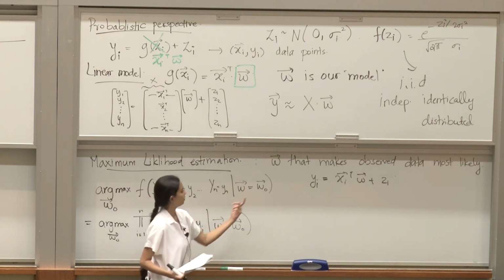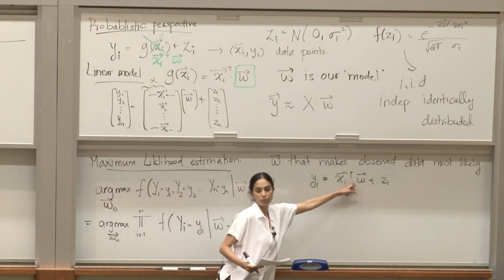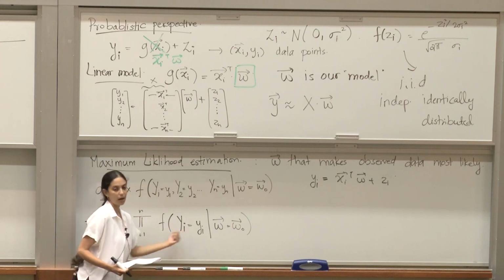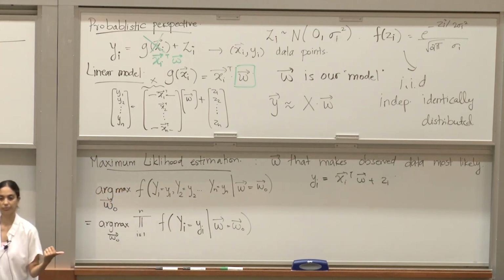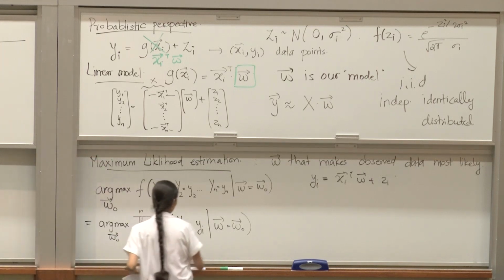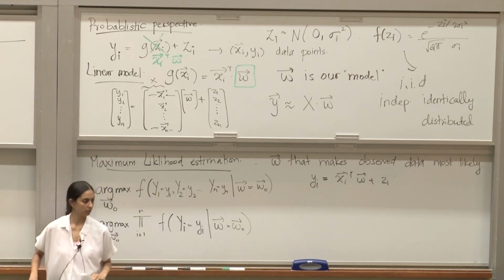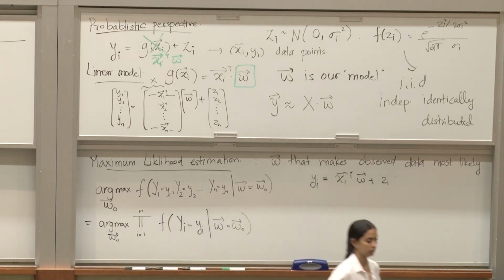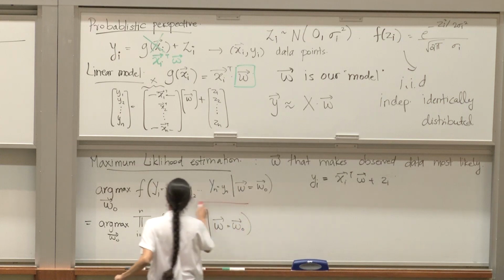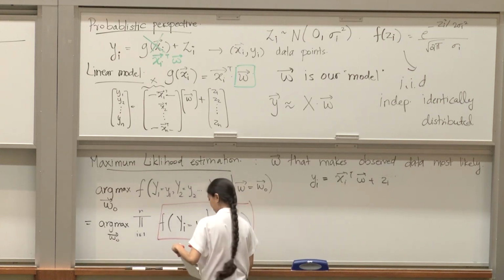The only way these y's are connected to each other is through this w, but I'm conditioning that out. So now what remains to be understood is this conditional density here.